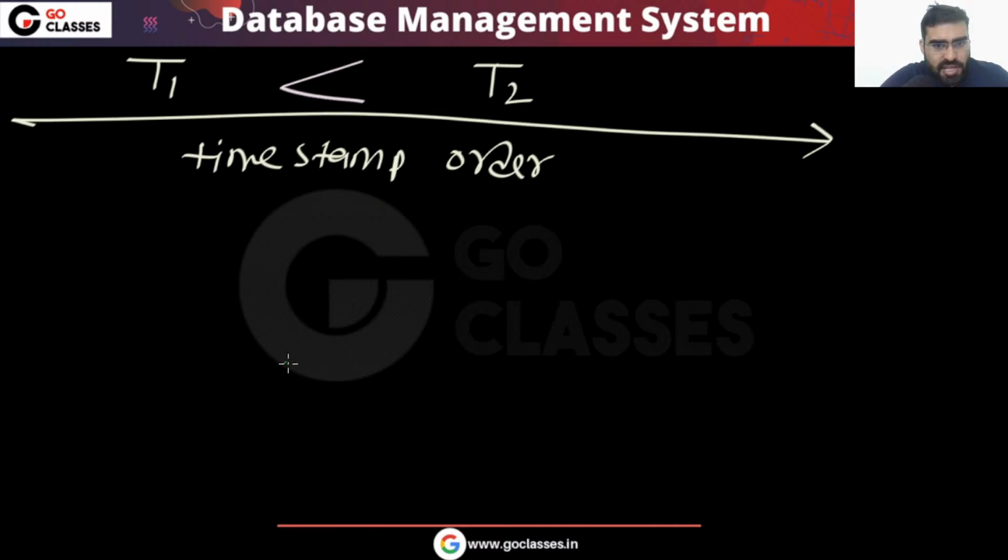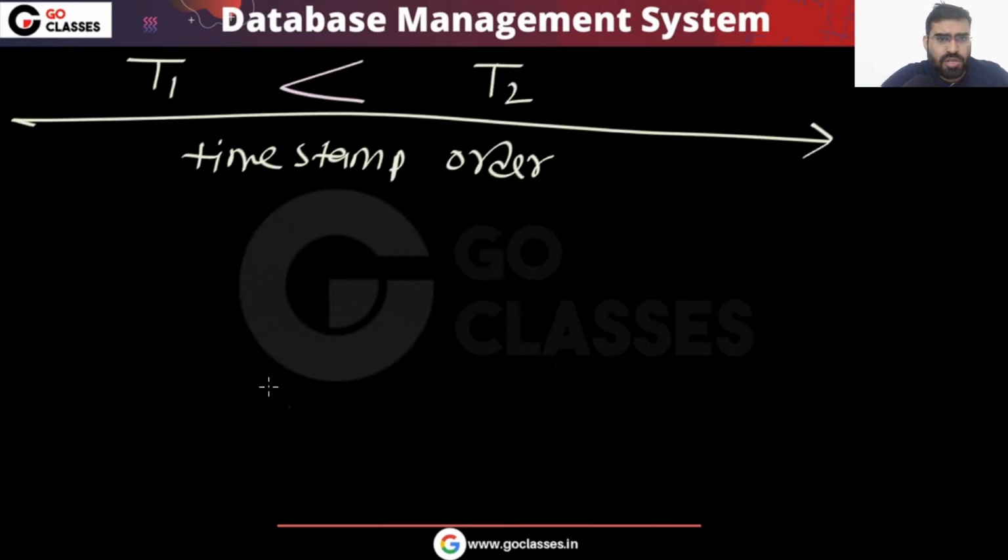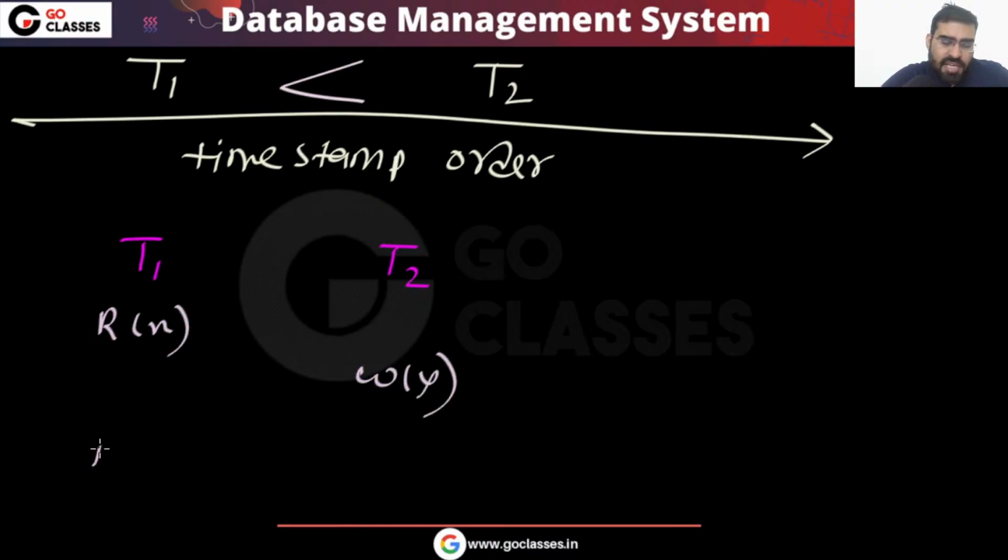Now consider this scenario. What happens? You know that the timestamp of T1 is less than the timestamp of T2. T2 is writing item Y and T1 is reading X and reading Y. Let me assume that T1 reads item X, then T2 writes item Y, then T1 reads item Y. Now tell me what will happen.